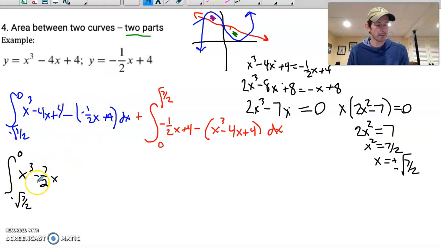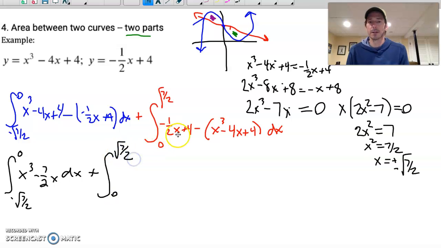That's it. That's the left piece. That's what I'm integrating on the left, dx plus, 0 to positive square root of 7/2, negative 1/2 x. I'm just going to leave it in the front for now, but I can't. I lied again. I need to actually look ahead because there's like terms to combine here.